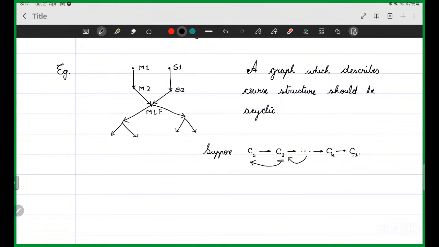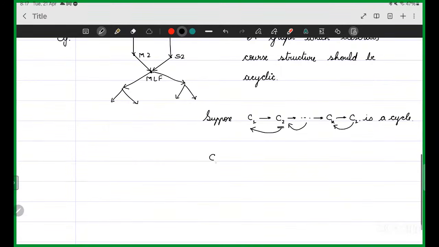But C1 requires CK as a prerequisite, which in turn requires CK minus 1 and so on up to C1. So you can't do C1 without doing C1, which does make sense, right? What this would imply is C1 is a prerequisite for C1, which is absurd.